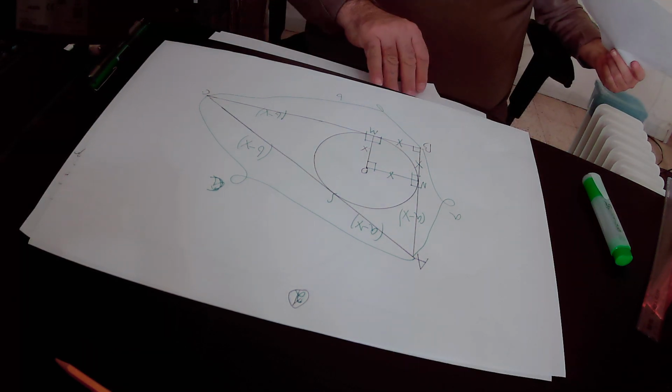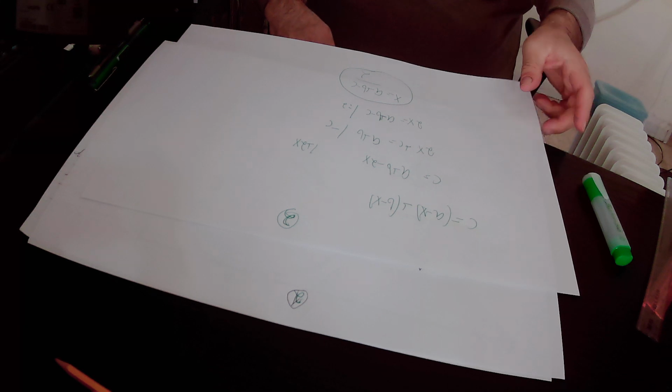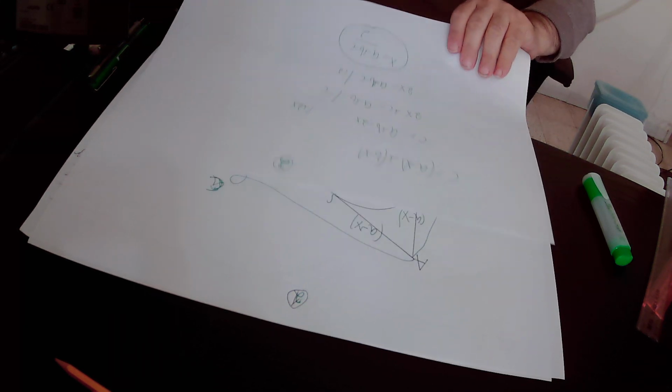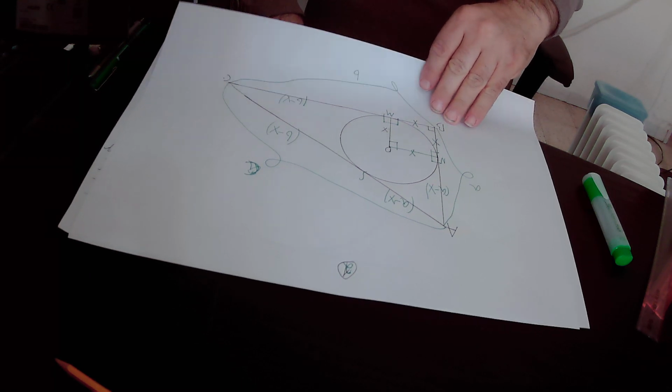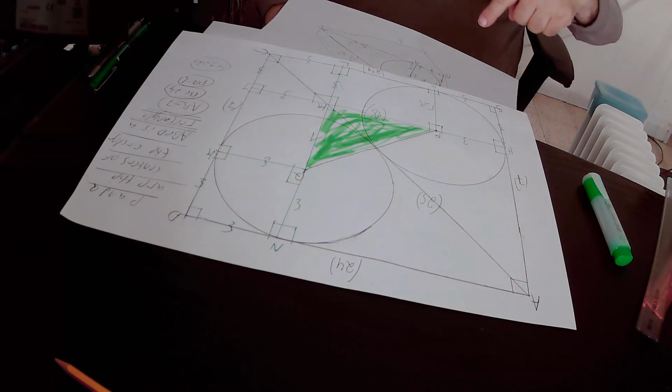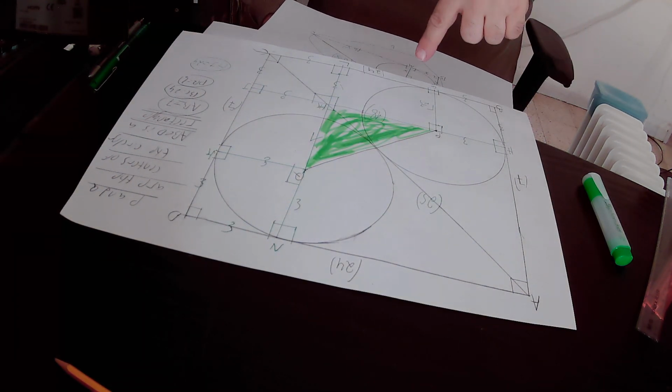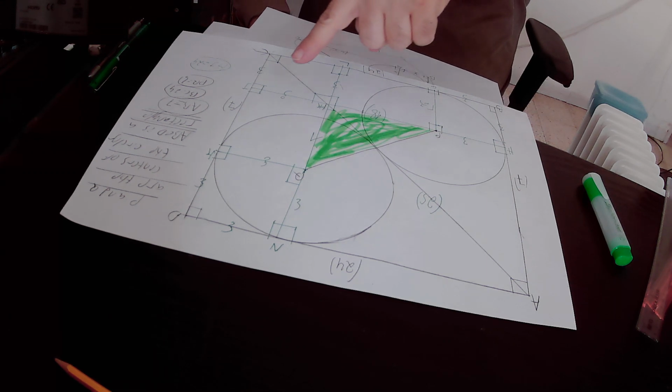Okay. Now we will use the general formula to find out the radius of this circle and the right circle here.